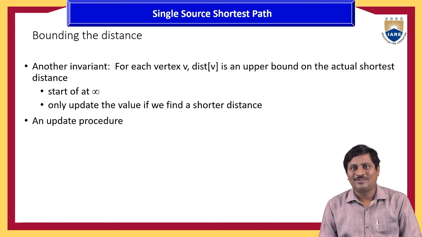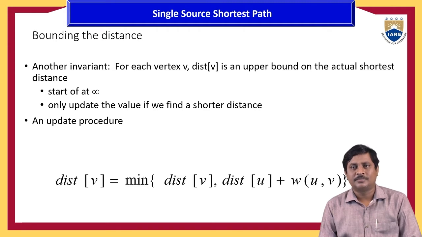We only update the value if we find a shorter distance. The update procedure uses the formula: distance of V equals minimum of distance of V, comma, distance of U plus W of U comma V. Using this formula, we find the updated value of the shortest path.